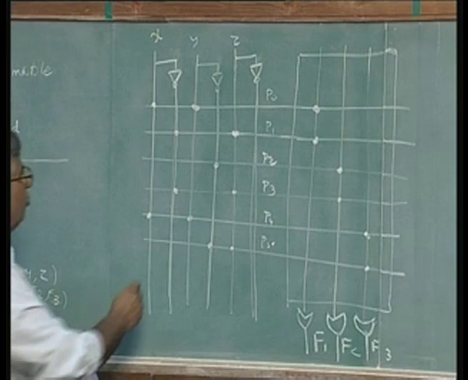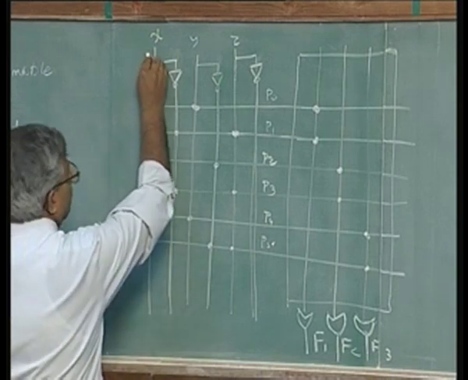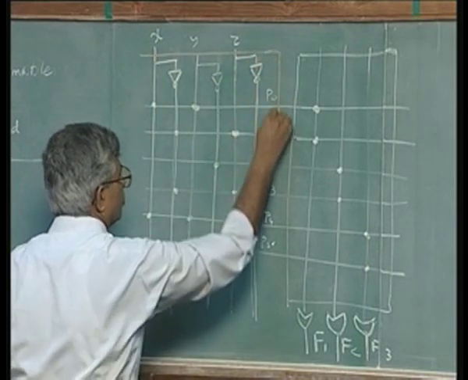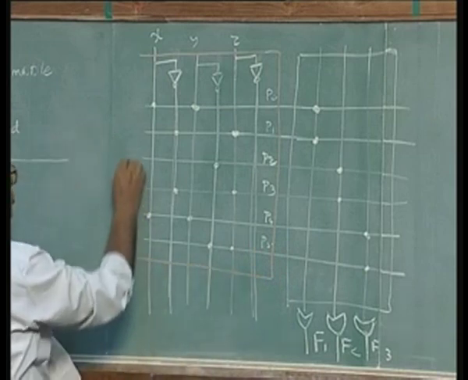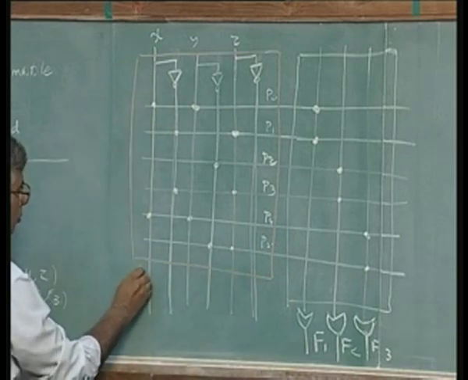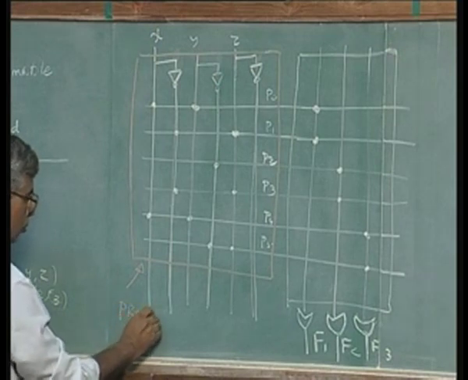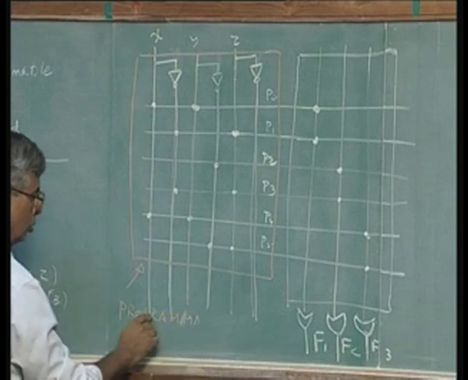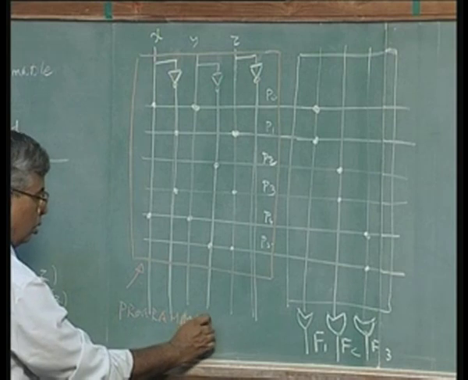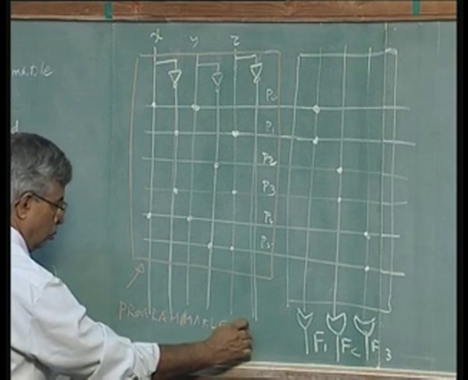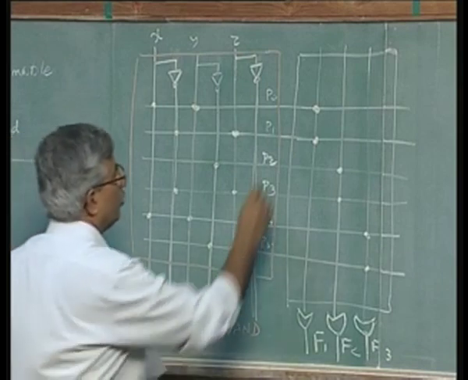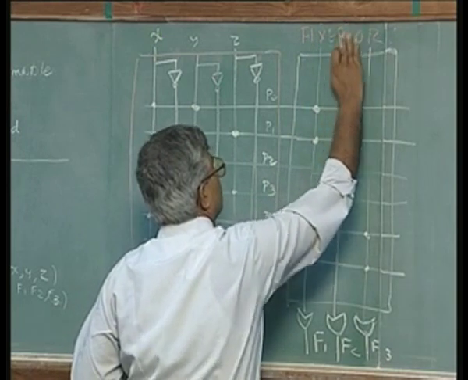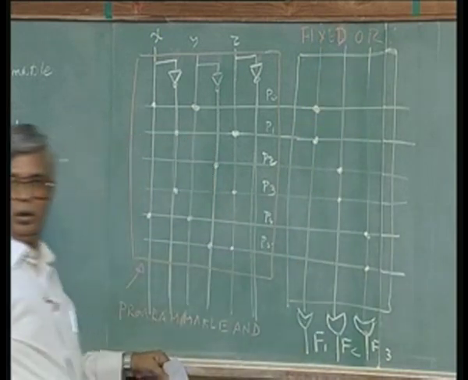So this is the programmable AND, programmable, and this is the fixed OR.